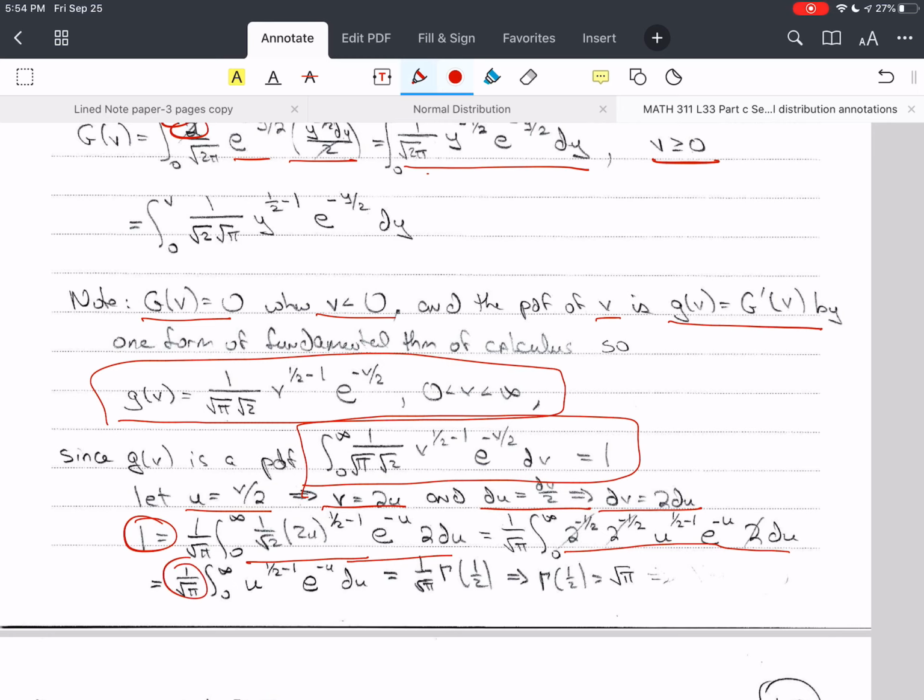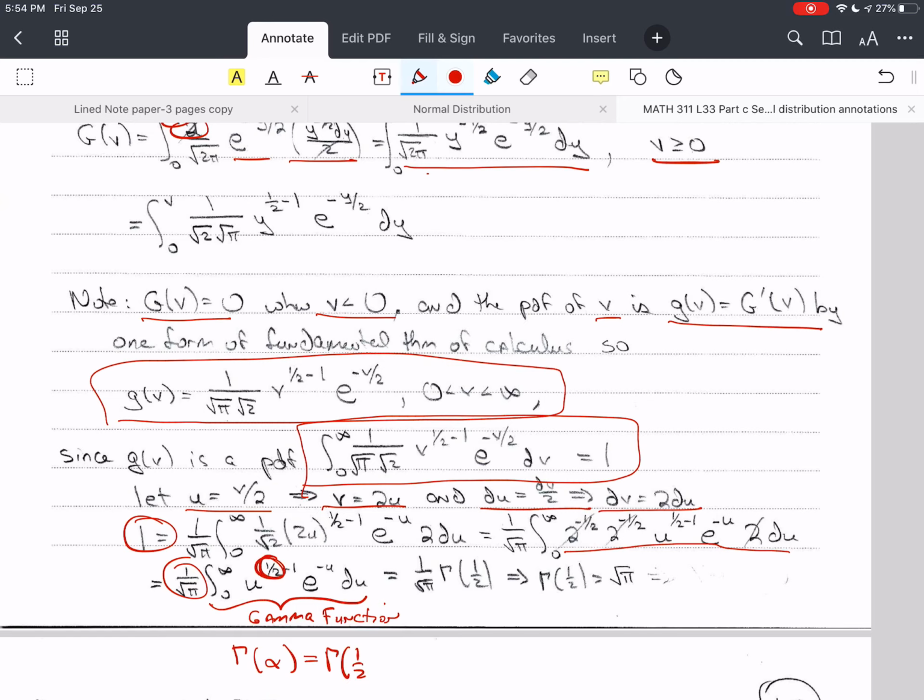We make our substitution, and we do some cancellations. And we move this out to the front, and we take a look at this, and we notice that we have a gamma function. So this is the gamma function, and here is gamma of alpha, so gamma of alpha equals gamma of 1/2.